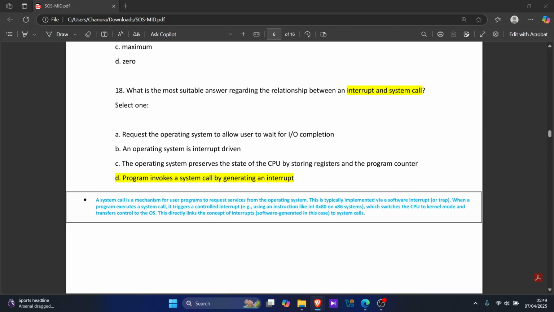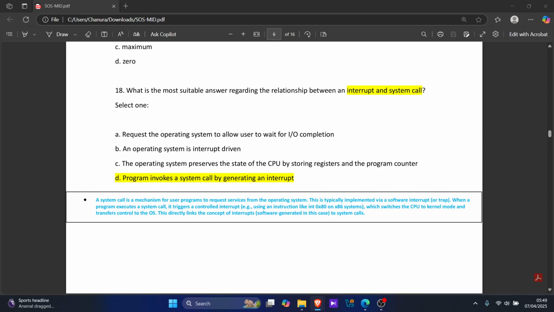Okay, let's tackle this question about the relationship between an interrupt and a system call. The options are A through D. Let me think through each one. First, the question is asking what's the most suitable answer regarding their relationship. So I need to recall what interrupts and system calls are.